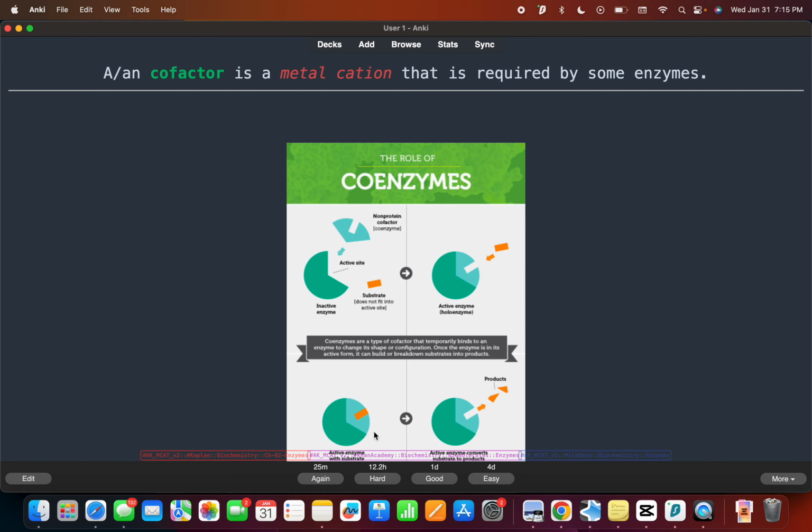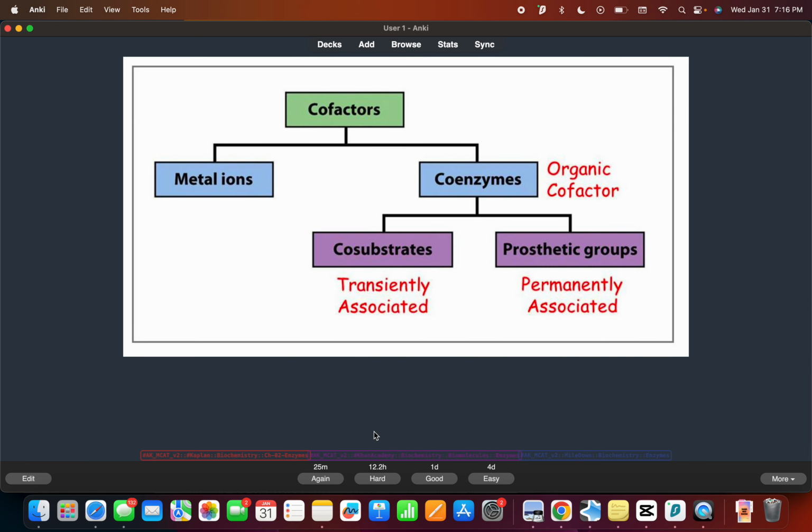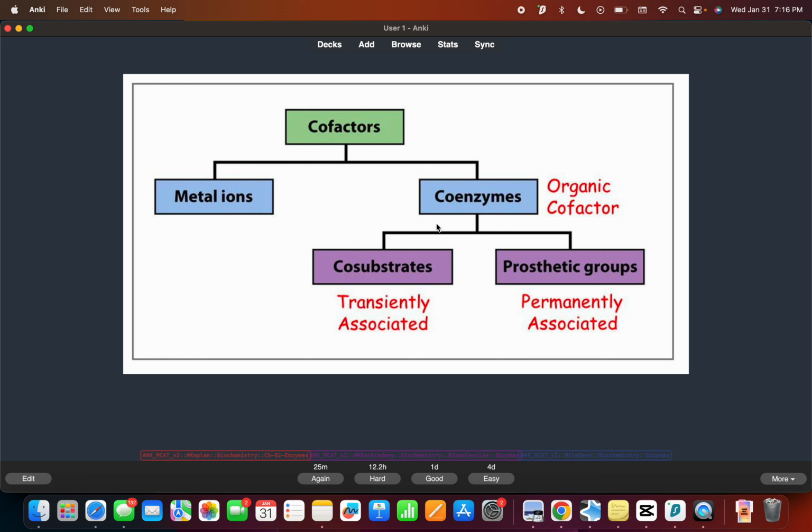Oh, so we're talking about cofactors and coenzymes. So cofactors are inorganic, like metal ions, metal cations, right? Coenzymes are a subtype of cofactors, organic cofactors. And they have prosthetic groups and co-substrates. The co-substrates are transiently associated, and the prosthetic groups are permanent. So prosthetic permanent.